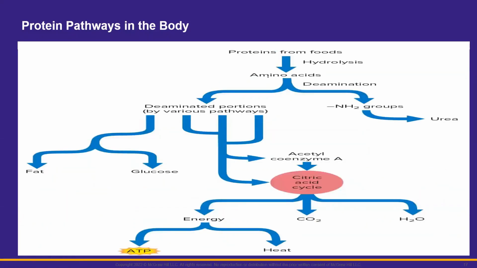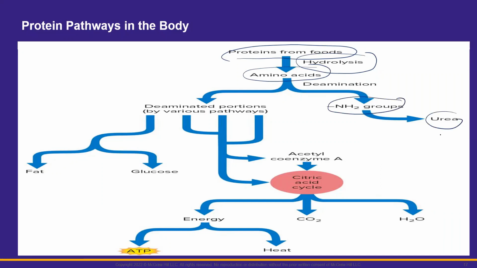Okay, the protein pathway in the body. Protein from our food, with digestion, hydrolysis, becomes amino acids. With deamination, it will produce urea, okay? And this will be excreted through the urine. It will be filtered by the kidney and produce the urine. And then amino acids may be converted into glucose and fat.